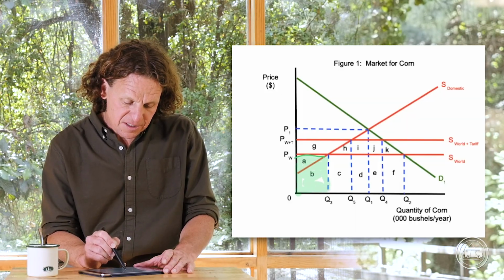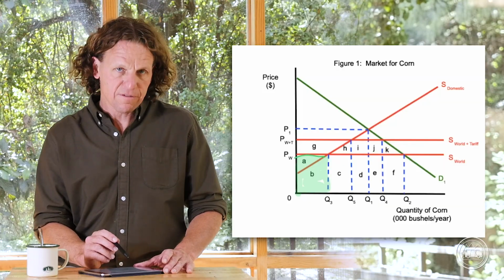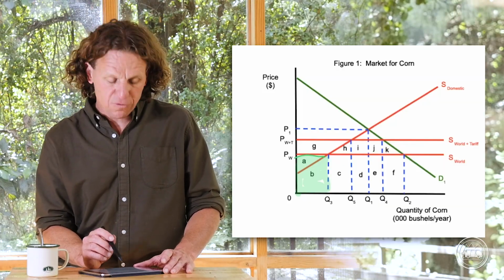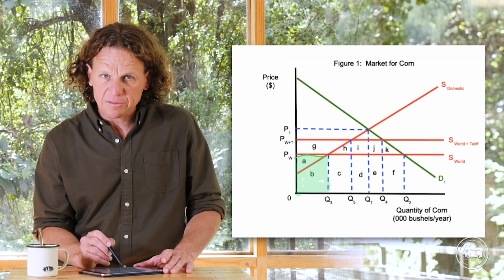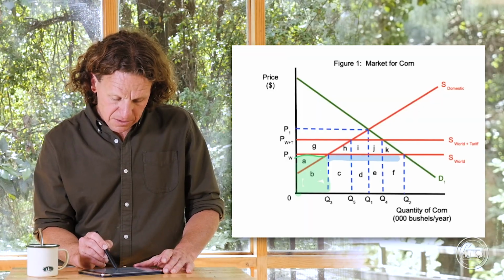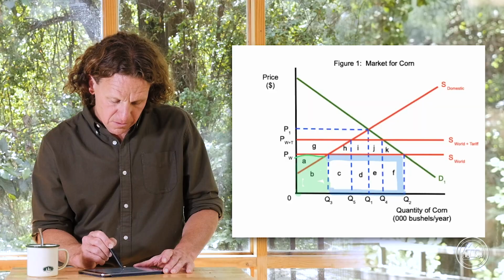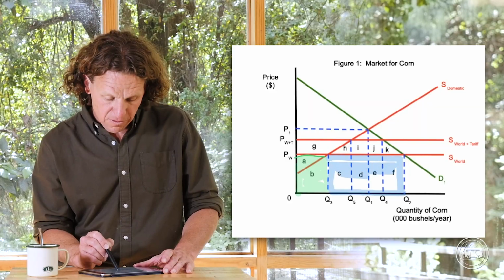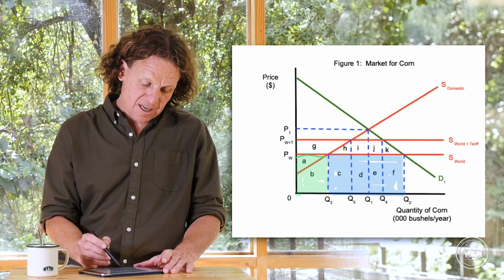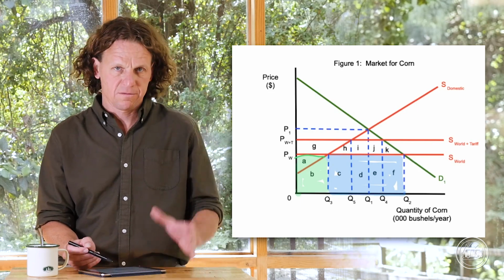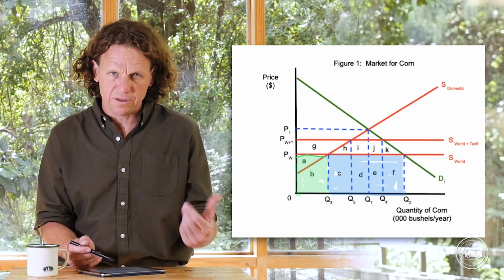So A and B is domestic revenue from the sale of corn before the tariff. That would be A plus B. Well, what about world revenue before the tariff? Well, that would be C plus D plus E plus F. Okay? We just got ourselves up to where we were on the last slide.